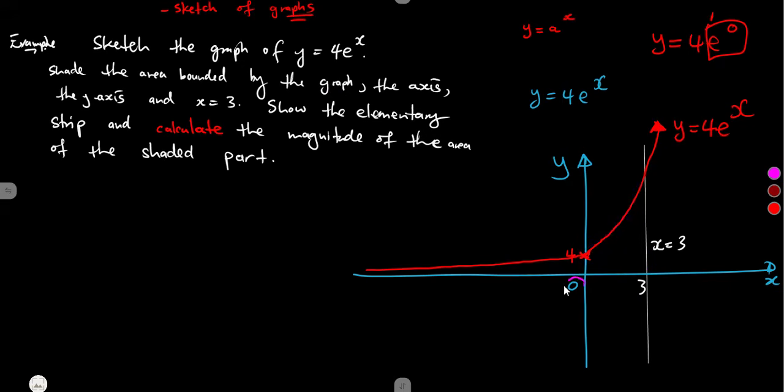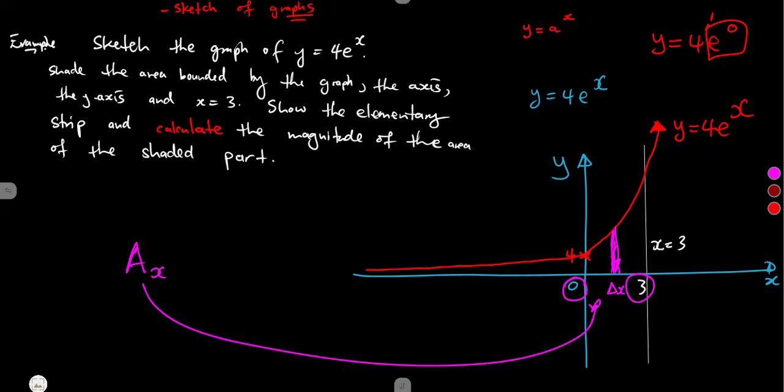The limits are there, for x. So it means we are going to have our strip for x. The strip represents the limits that you are going to have there. The limits are for x, so the strip is for x. So it means we are calculating our area with respect to x.